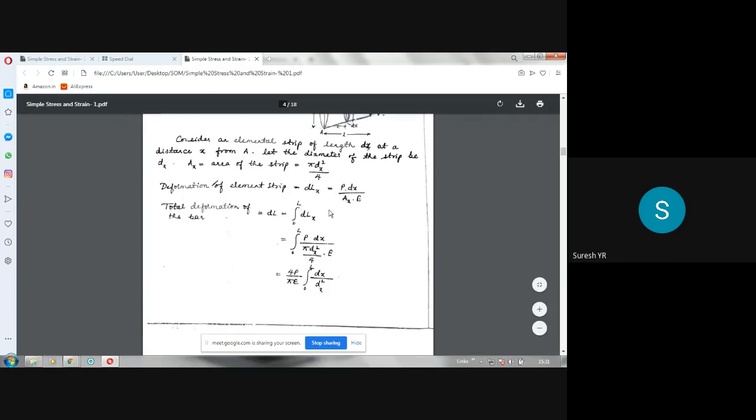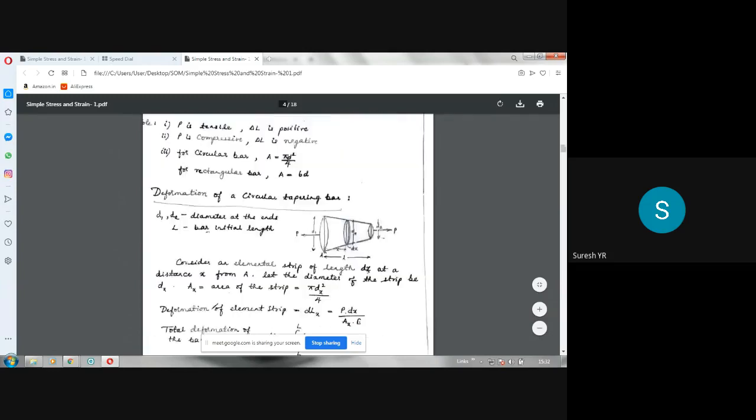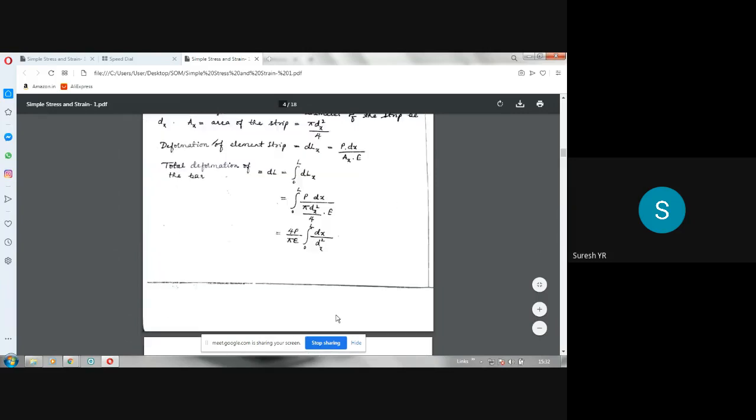If you integrate between the limits 0 to L, why is it 0 to L? The variable of integration here is x. x can vary from 0 to L here. So x is 0 here, because this section is taken from the point A. At the point A, x is 0. At the point B, if I take this as B, x is equal to L. So x can vary from 0 to L.